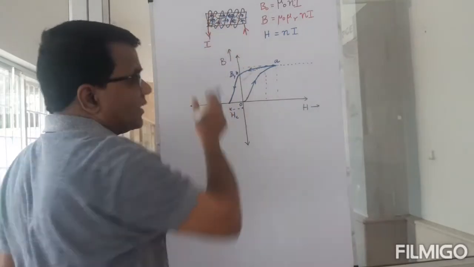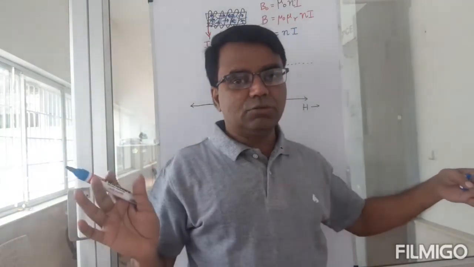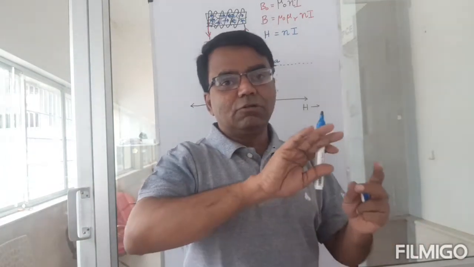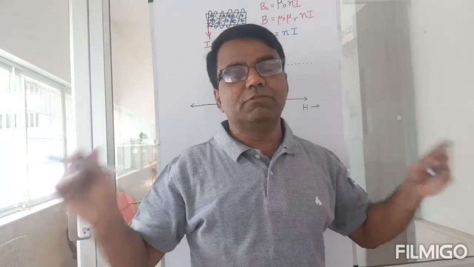So now the magnetic field will flip. Previously this was north and this was south. And now since you are magnetizing in the opposite direction, from zero this will become north and this will become south, but a weaker field.